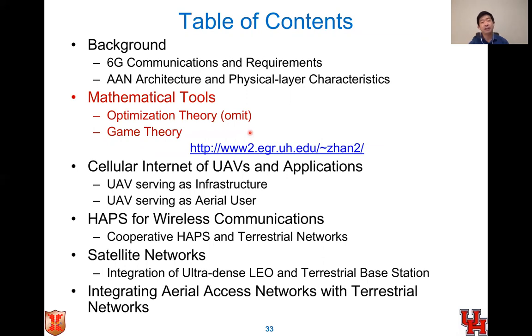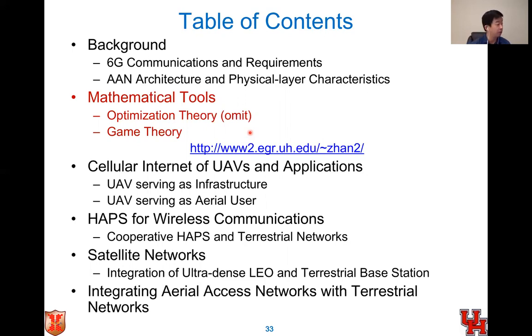So basically, this is very basic, and for 6G and AAN I just mentioned several things. The key point here is that when you formulate something, try to remember the physical meaning, and think about whether it makes sense or not.